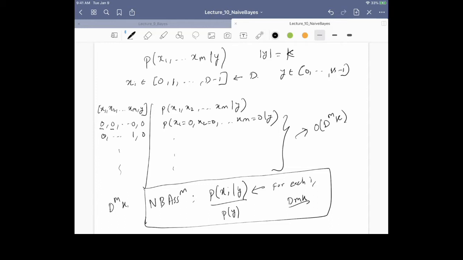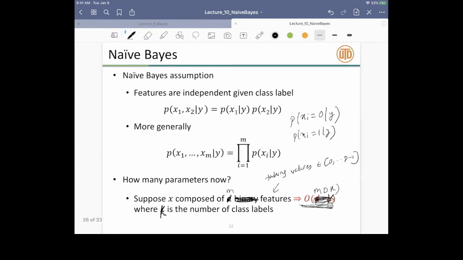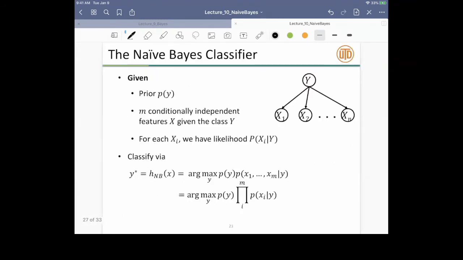So it's DMK parameters for P of xi given y, and it is order k number of parameters for P of y. So this is the total number of parameters we require with naive Bayes, which is much lesser than the exponential case. Okay, any questions until now?